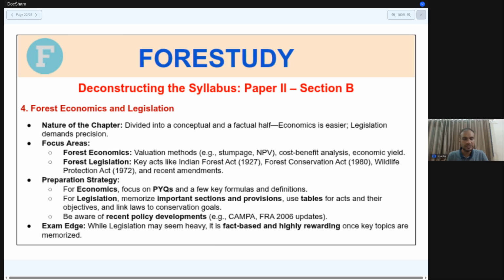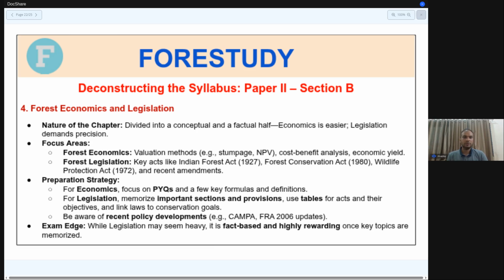Forest economics is relatively simple and a little bit conceptual, because forest valuation, cost benefit analysis, economic yields are very intuitive topics, and there might be some formulas involved, but not very many.